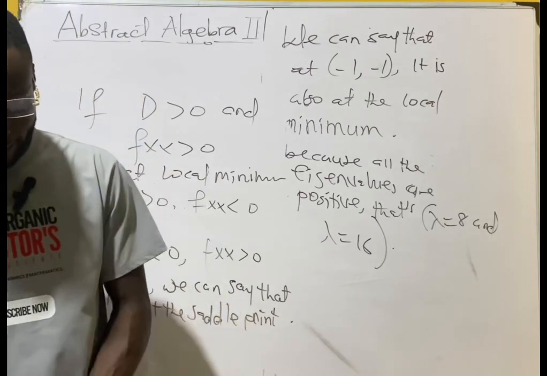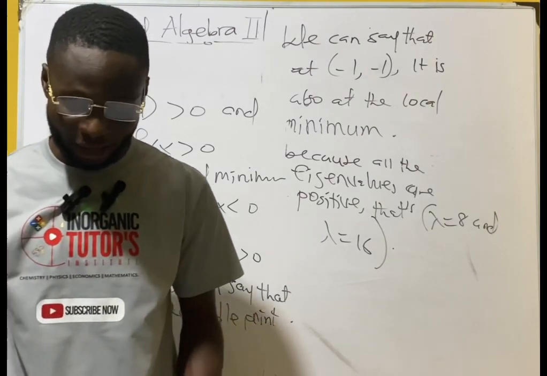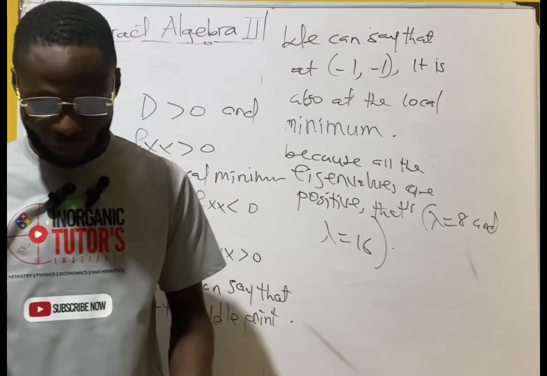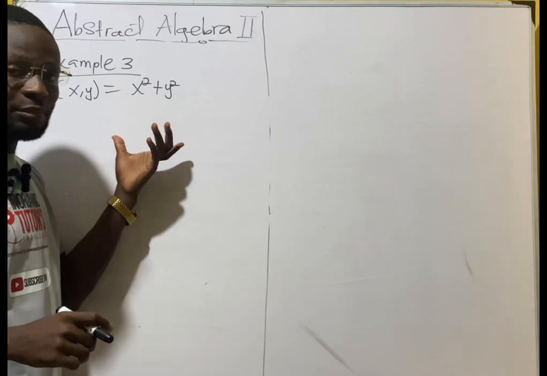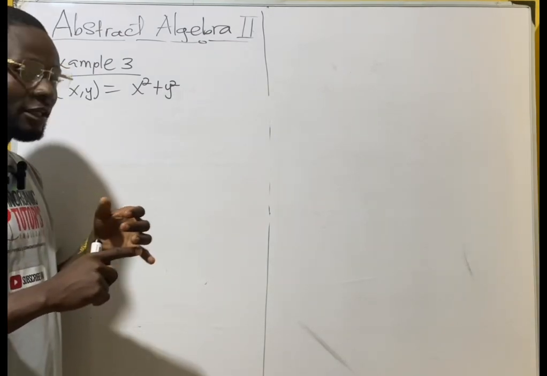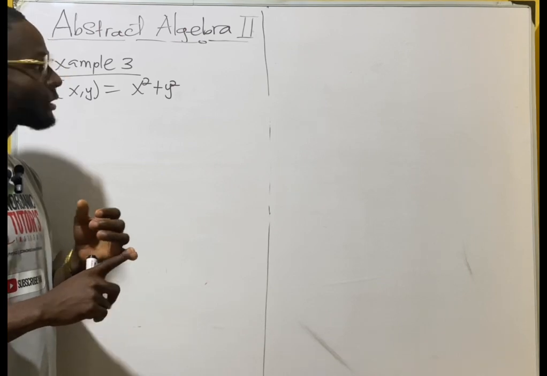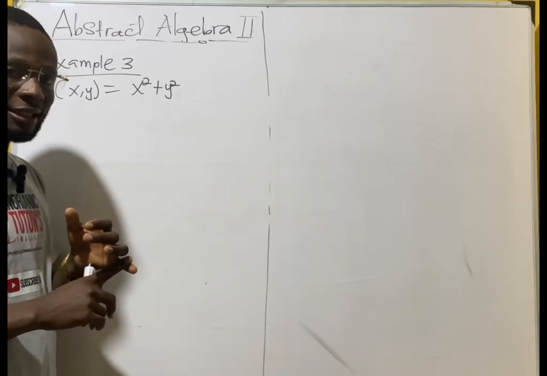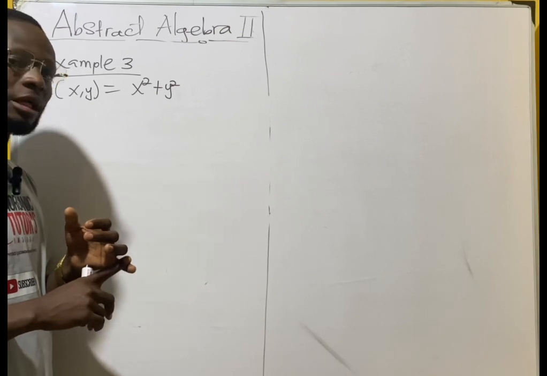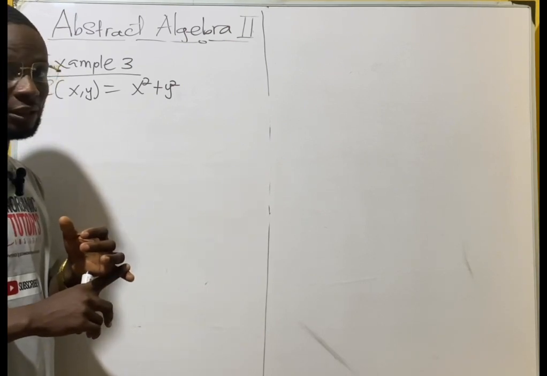Okay, so that is for this particular question. Now, let me give a trial, right? Let me give this example, we want to find the critical point. Then we go ahead to find the Hessian matrix. Then we determine whether it is at the local minimum, maximum, or saddle point, right?